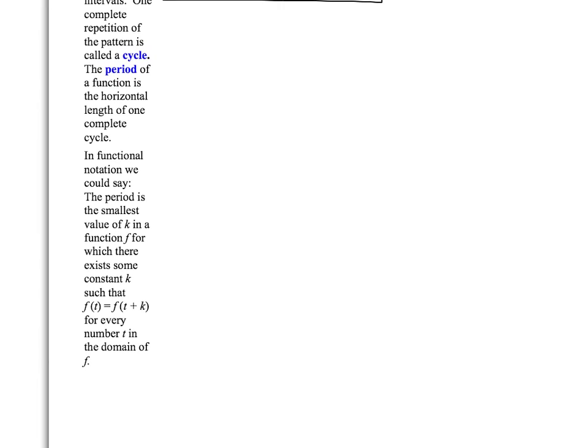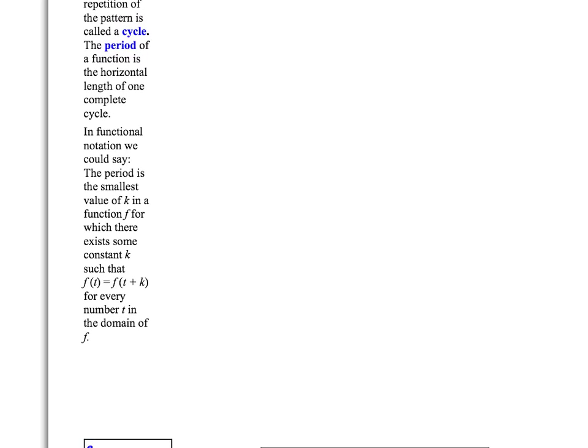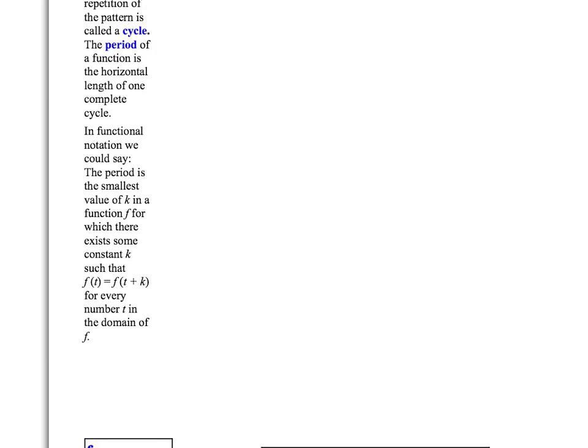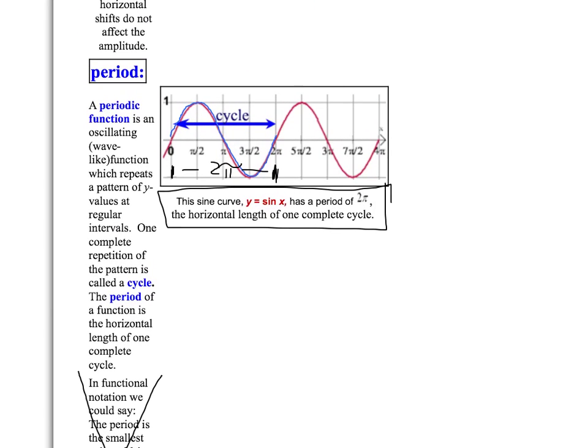In functional notation, we could say the period is the smallest value of k in a function f for which there exists some k constant, such that for every number t in the domain of f. I would not worry about understanding this piece of it. We do not have to worry about that for this course. Just understand what a cycle is and be able to figure out how long it takes to complete one cycle.